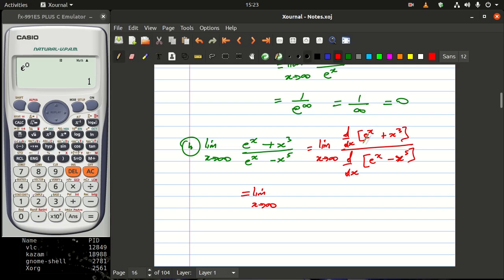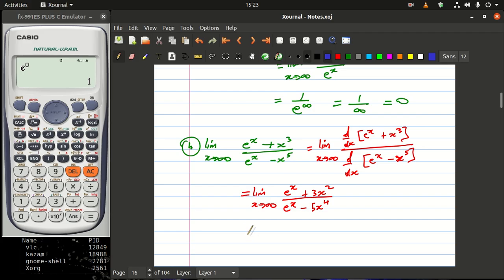The derivative of this is still going to be the same thing, and the derivative of this thing is going to be 3x squared, and then you go to the denominator. The derivative of this is going to be e to the power x minus the derivative of this is going to be 5x to the power 4.